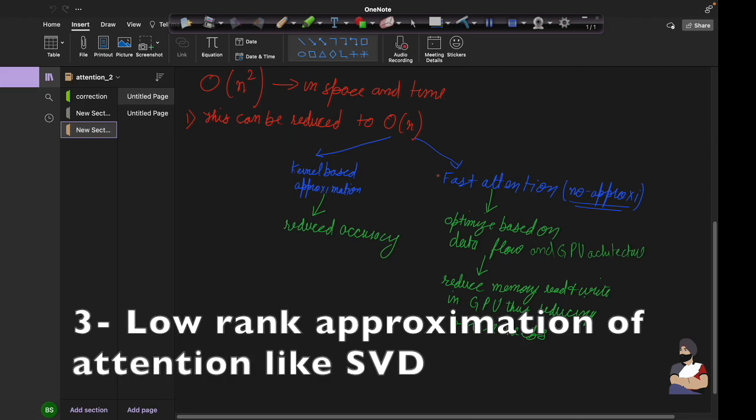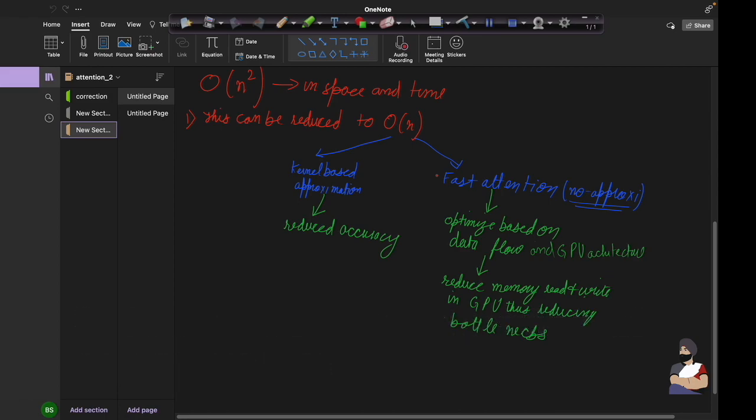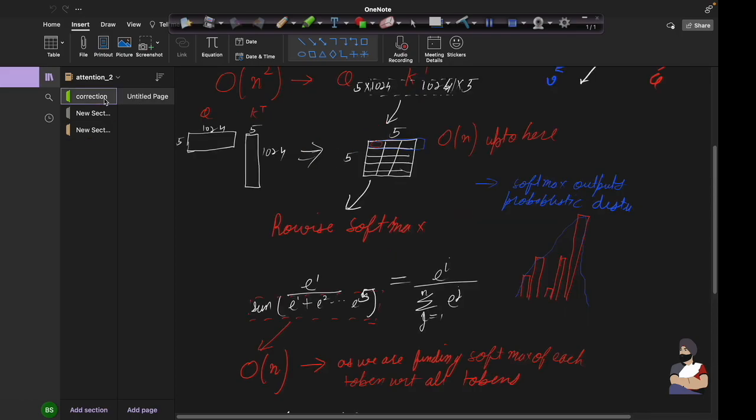And the third thing, which I have not listed, is that a low rank approximation can also be done of the attention matrix, which is similar to LoRA and PCA. PCA is also a low rank approximation. The high level idea is, suppose we have a 32,000 by 32,000 matrix. This matrix can be decomposed into lower dimensions like 1000 by 1000. So there is also a huge reduction in space and time complexity.